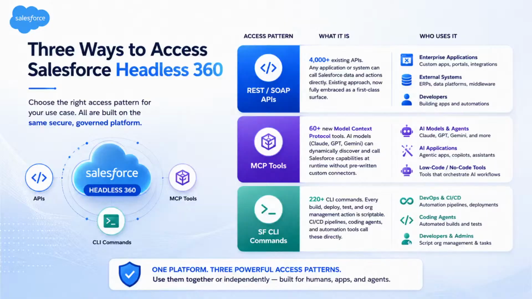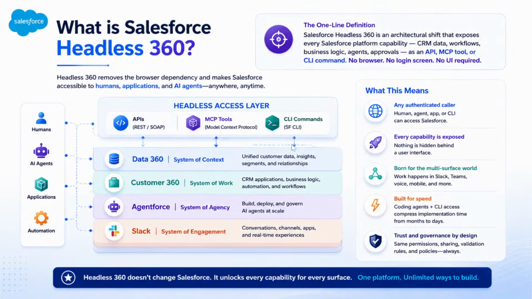Okay. So now, the moment we talk about what is Salesforce Headless 360, Headless 360 is simply the access layer. This access layer has three access patterns: APIs, MCP tools, and CLI commands. And through these, it is interacting with these four platform layers, right?